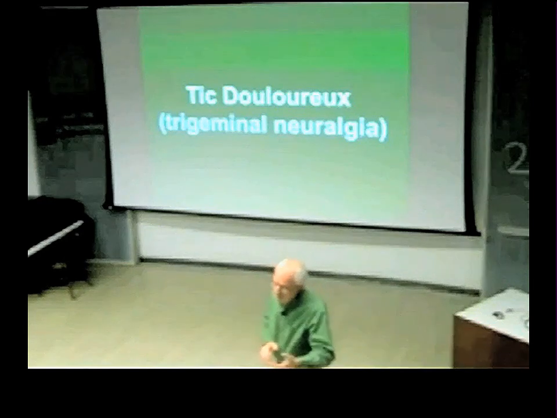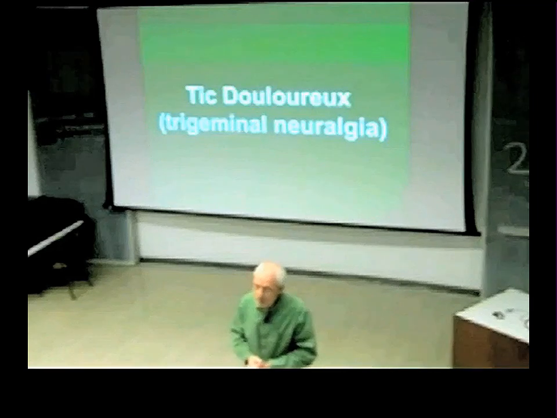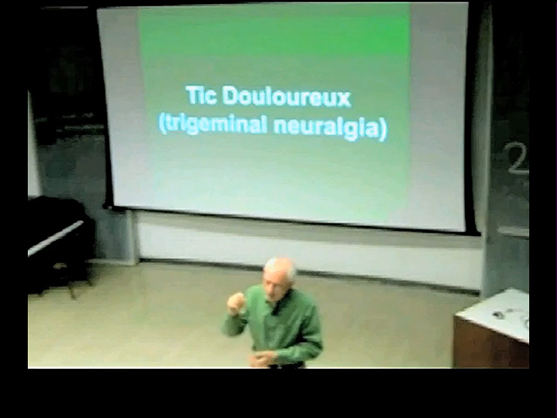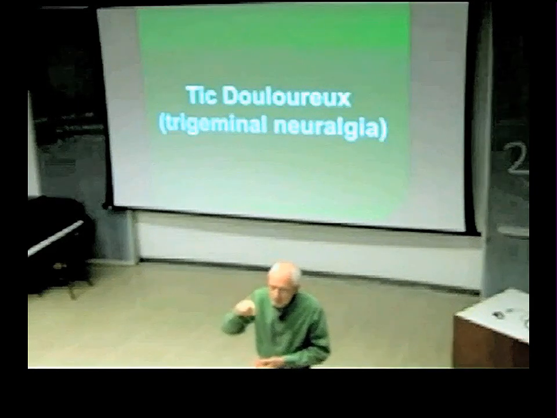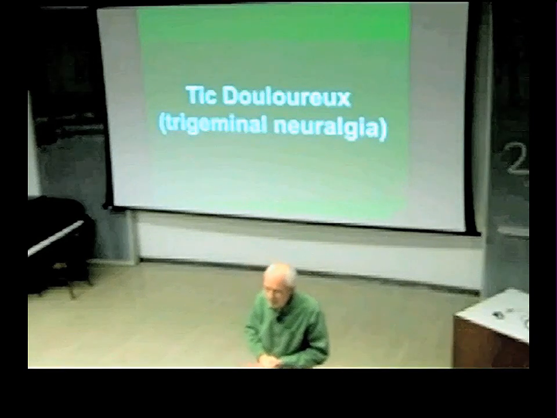These things are generally treated medically to start with, but there is evidence, not just a school of thought, that the cause of tic douloureux is a tiny blood vessel pulsating up against one of the divisions of the trigeminal nerve in the middle cranial fossa.